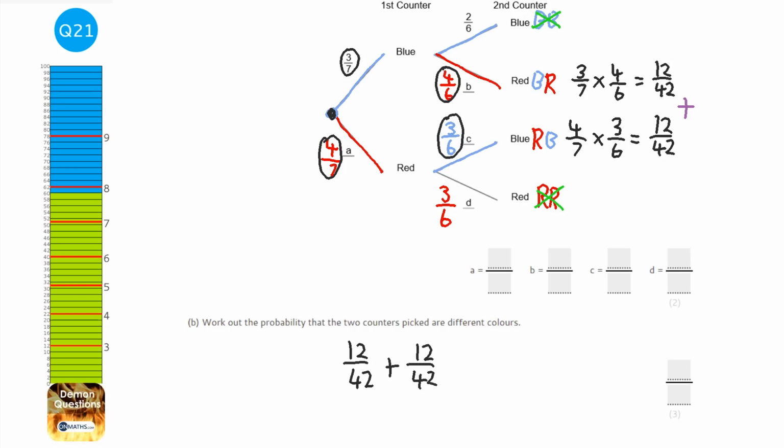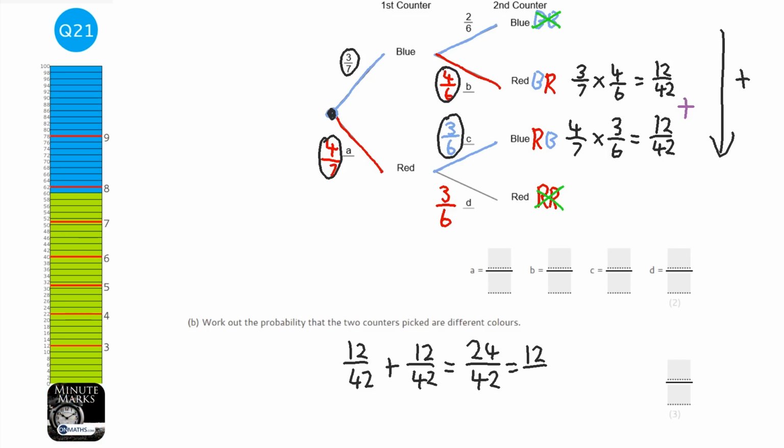So when you're going down here and you're collecting all the fractions you got, you just add them together. So we're going to add the tops together, which is 24 over 42. So it's half top and bottom, and let's cancel it down now. 12 over 21, and I think I can divide them both by 3, so it'd be 4 over 7. So my answer is 4 over 7.